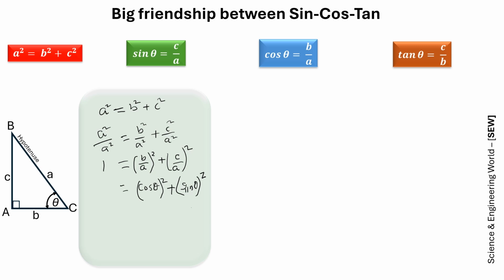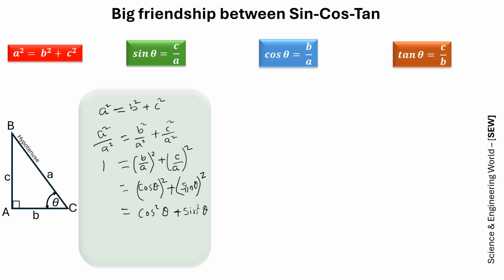Now we can remove the brackets, and the square comes to the trigonometric ratio. So we have cos squared theta plus sine squared theta.